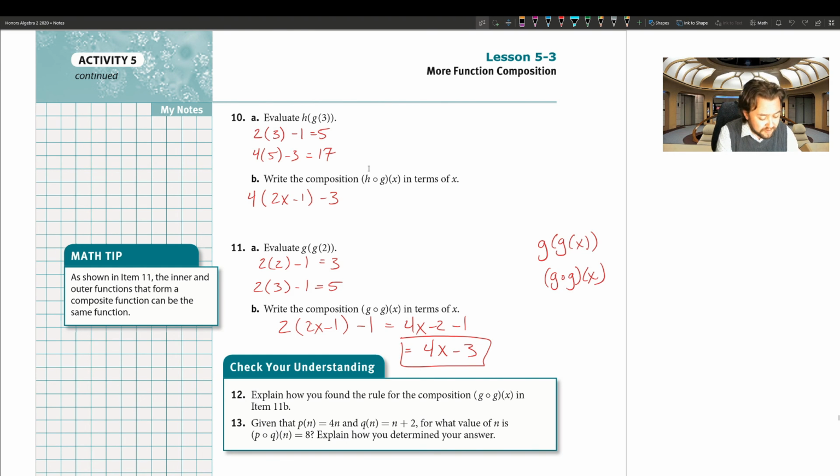So this one where it says h o g, that really says h of g of x. Those two are interchangeable ways to write it. Don't let that freak you out. You can use whichever one you like better.